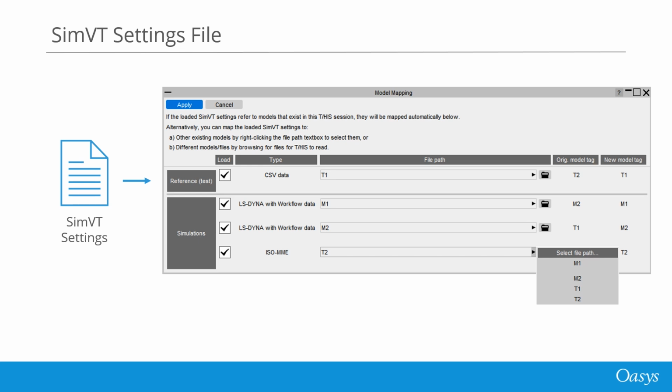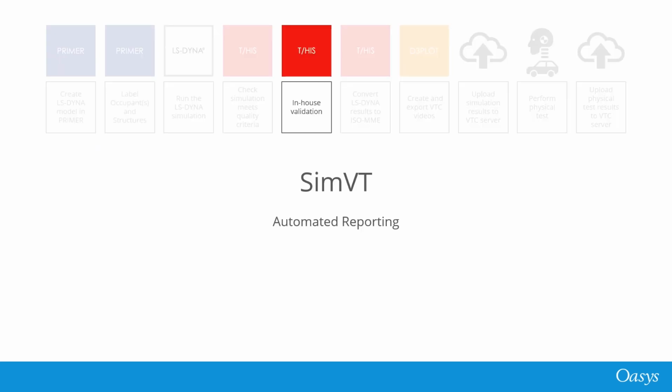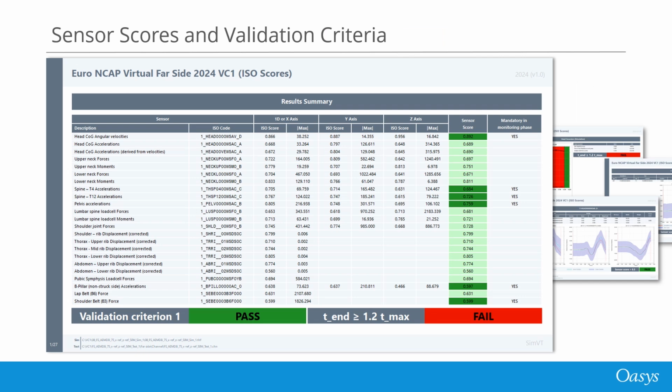Let's take a quick look at automated reporting. As well as using SimVT interactively in THIS, it can be used in Reporter to automatically generate a report of the validation criteria performance. Here you can see the summary page for the Euro NCAP virtual firewall protocol.